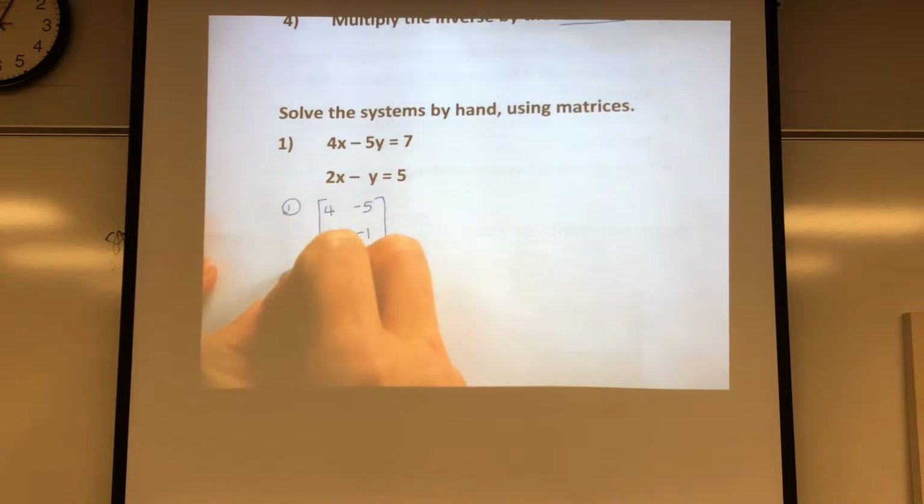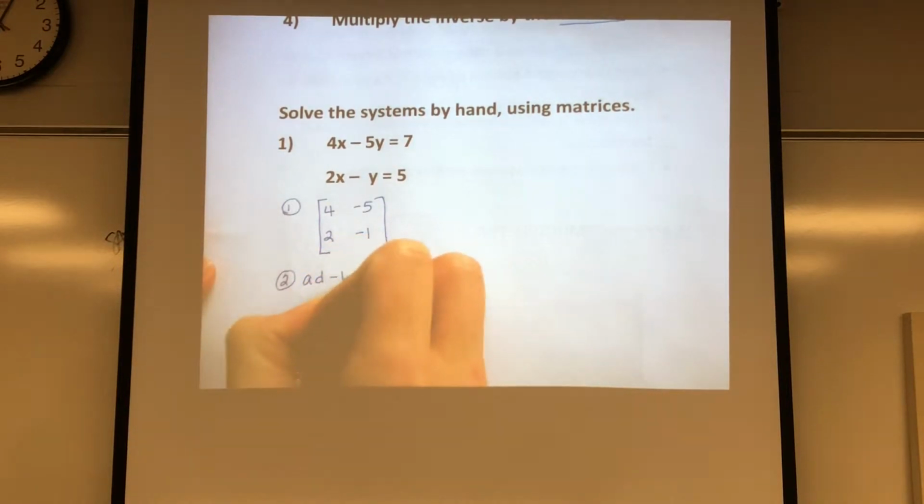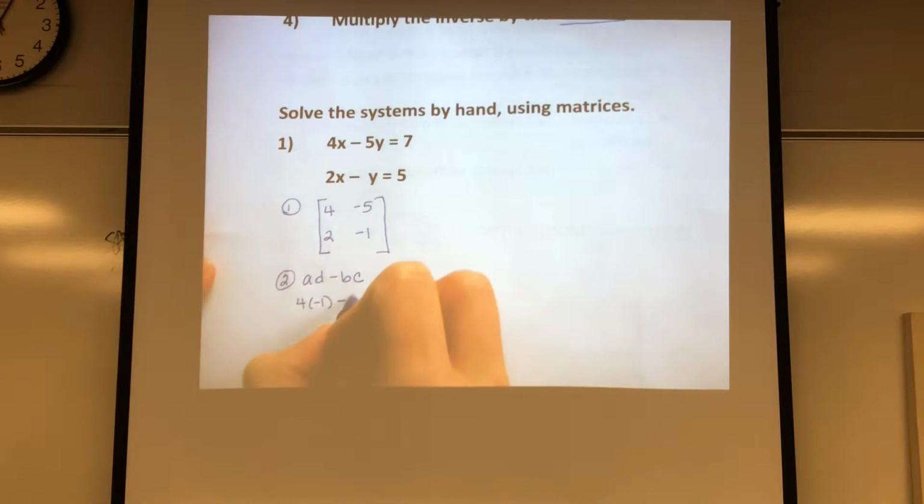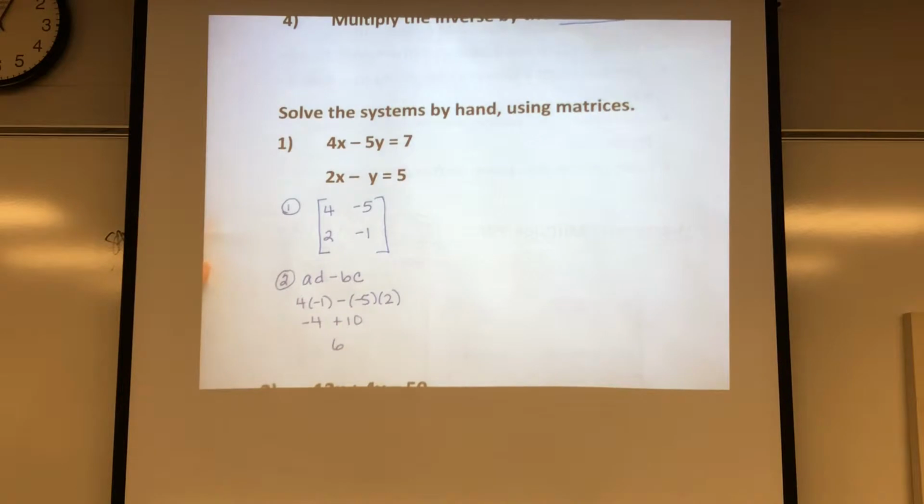Remember, determinant is when you take your A times D minus B times C. So we're taking 4 times -1 minus -5 times 2. So 4 plus, sorry, that's a -4, plus 10 is going to give us a determinant of 6. Again, I know I'm going through quickly, so just pause if you have to catch up.